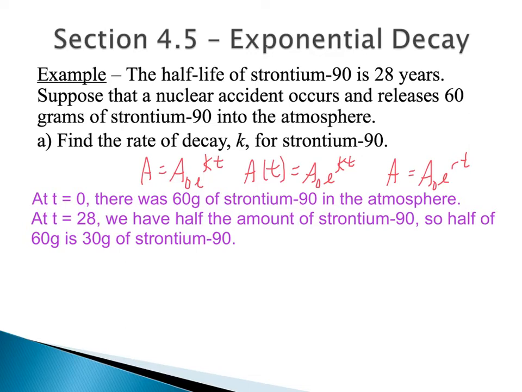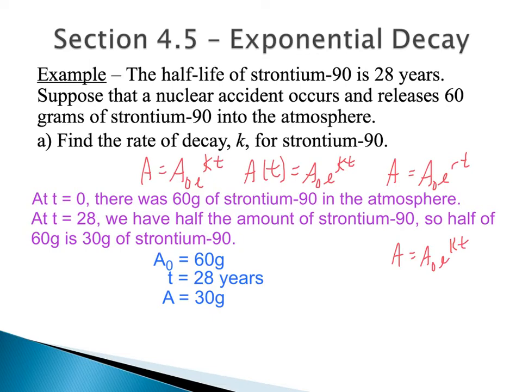So in order to find k, we have that our A sub 0, our original amount, was 60 grams. For t equal to 28, we had an A that was equal to 30 grams. So if I'm substituting into one of our formulas, I'll use A equals A sub 0 e to the kt.